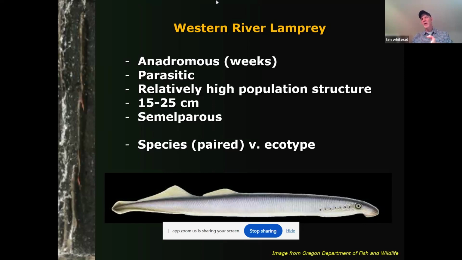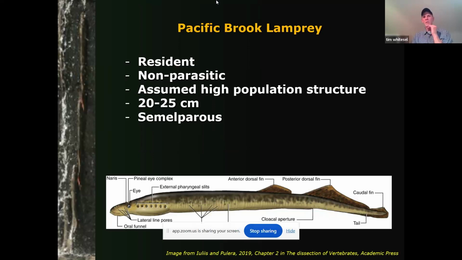And so now the thinking is becoming more that they're an ecotype as opposed to two distinct species. And the simplest way for me to think about that is, again, using the salmon steelhead world. If I think of a steelhead trout and a rainbow trout, genetically they're very similar. One expresses anadromy, one stays as a resident. Similar concept.